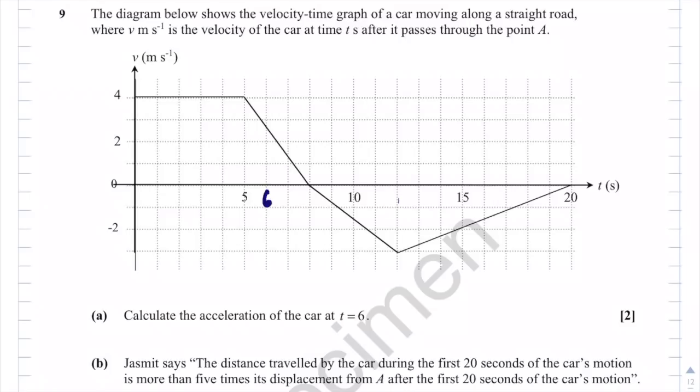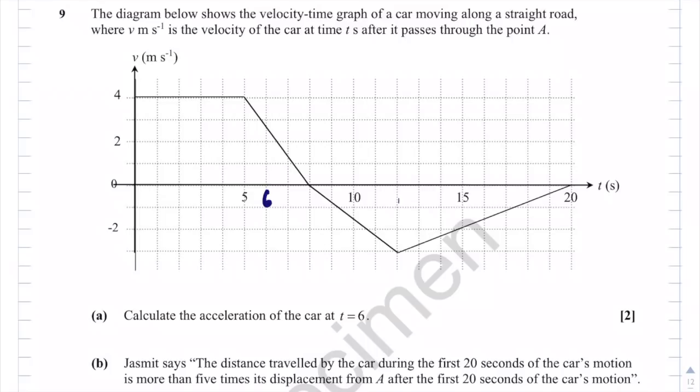The way we need to think about this is, let's define acceleration. Acceleration is the rate of change of velocity, okay? And when we describe rates of change, we're talking about the gradient. So the acceleration must be the gradient of the velocity time graph.